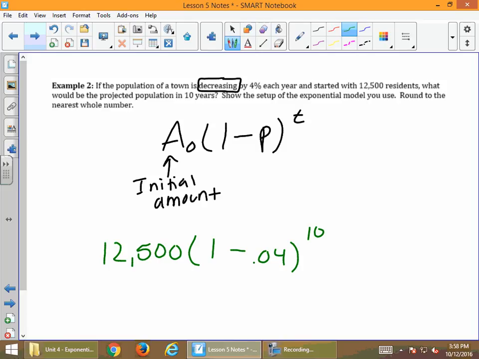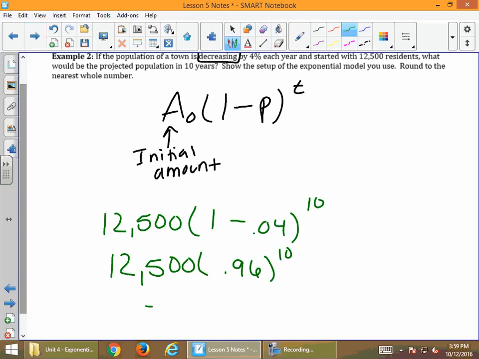If you need to simplify what's inside your parentheses, if you can plug that in your calculator in one step, go for it. You get 0.96, and then plug that in your calculator. When you do so, you get 8,310.